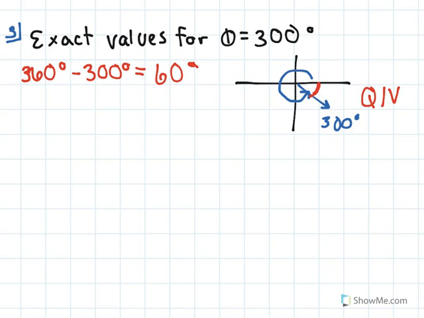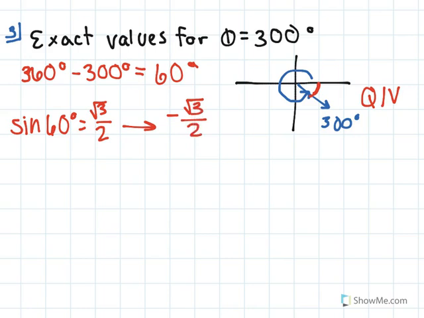So if we're using 60 as our reference angle, then we can start off, we know that sine of 60 degrees equals the square root of 3 over 2. However, because we're in quadrant 4 and sine is negative there, we're going to need the negative square root of 3 over 2 for sine of 300 degrees.